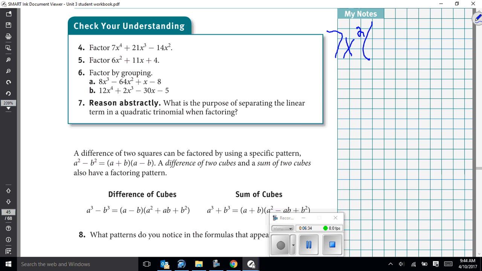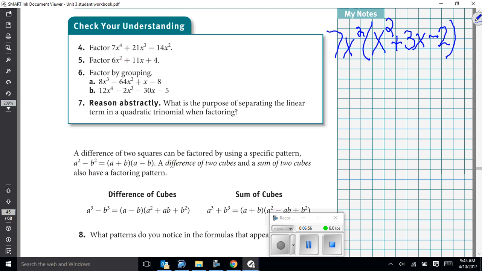When we do that, 7x to the 4th divided by 7x squared is x squared. 21x cubed divided by 7x squared is 3x, and then negative 14x squared divided by 7x squared is negative 2.